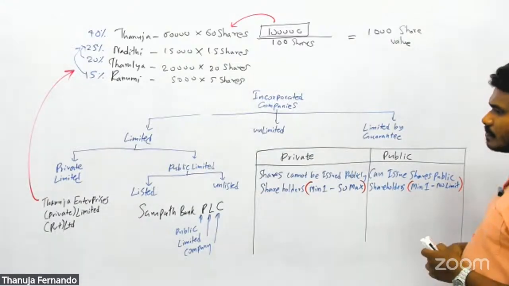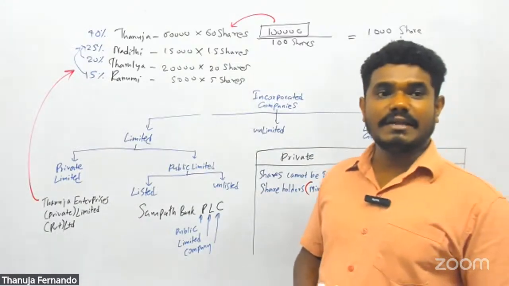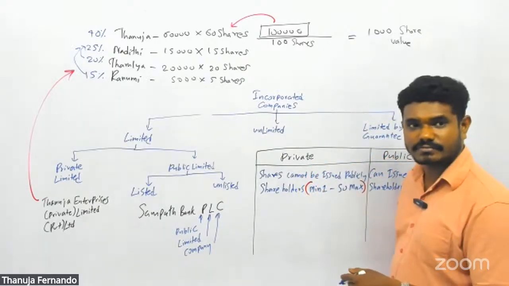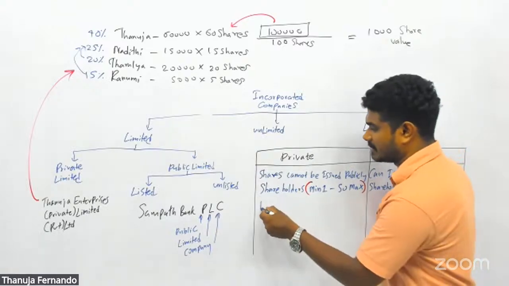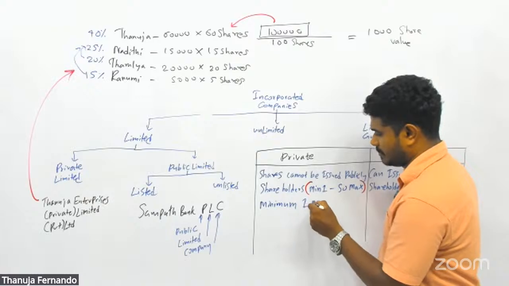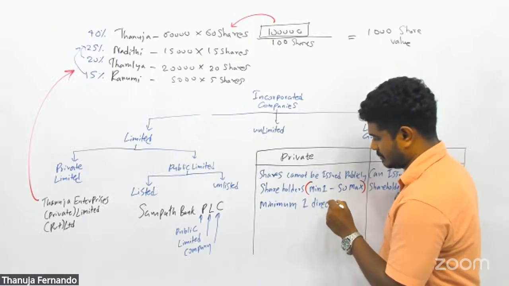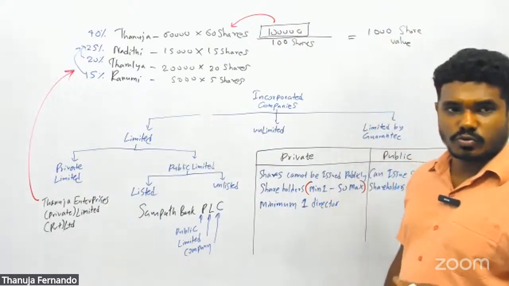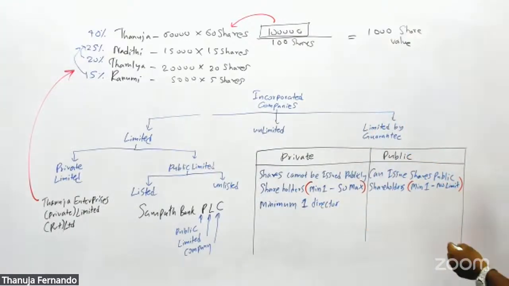For private limited companies, to continue the business, they need a minimum of one director.